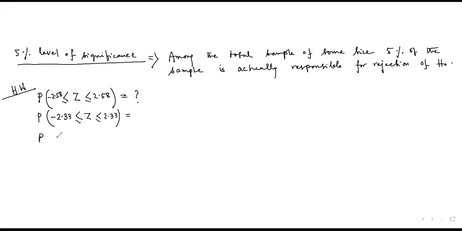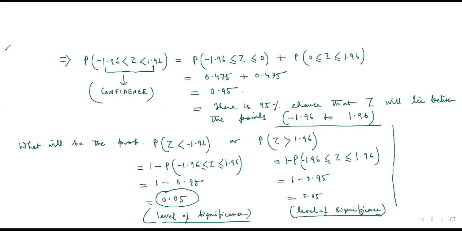Try to find out the probability that Z lies between minus 1.645 and plus 1.645. All these probabilities you can calculate accordingly. So you can do this brief homework. The process of doing it will be exactly the same as I have shown you just now.